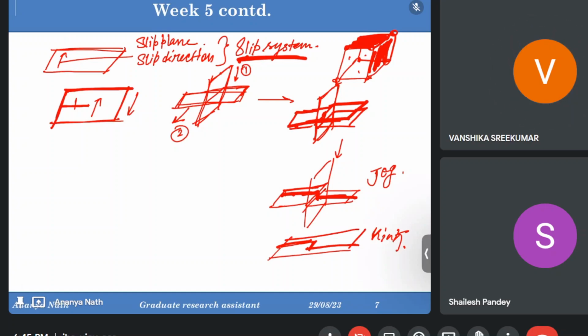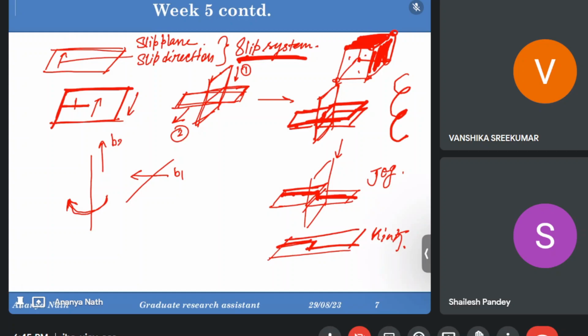Okay. So for kinks, this is one screw dislocation. I have told you in the previous class the screw dislocation moves helically, so it will have a circular motion, and it will have the movement of the extra half plane. The direction will be denoted by the Burgers vector, and there is one edge dislocation which is moving towards this direction.